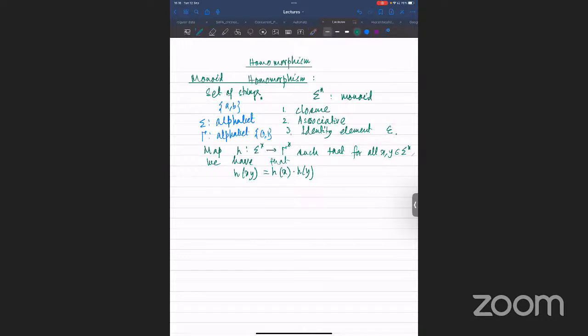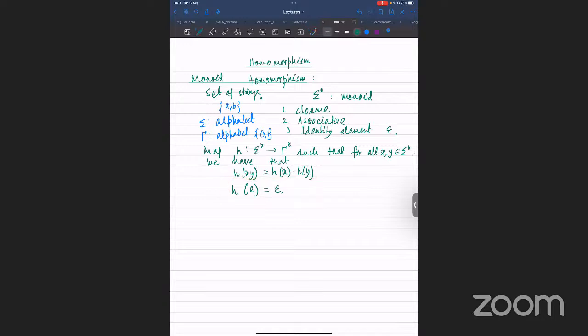Now, given this, can you prove that indeed h of epsilon is also epsilon? This is the property of any homomorphism. But in this particular case, you can also prove this.